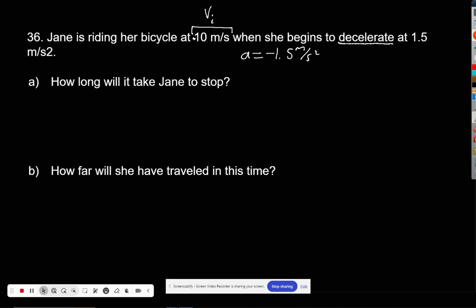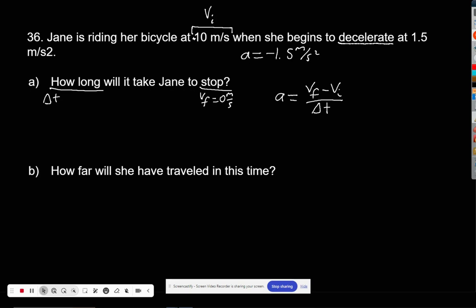Now jump to the question, how long? So we're looking for time. Will it take Jane to stop? She stops, which tells us the final velocity is 0. Once again, we're using that acceleration equation, but this time we're looking for time.